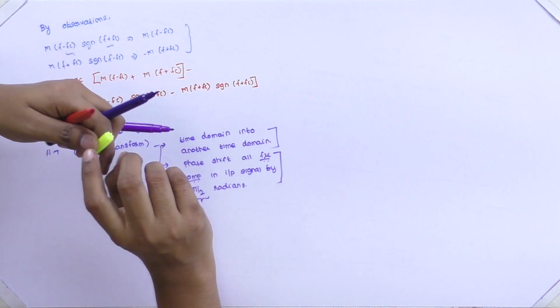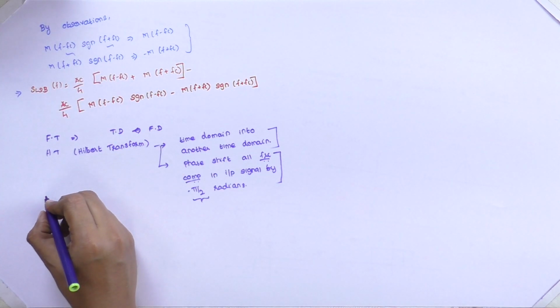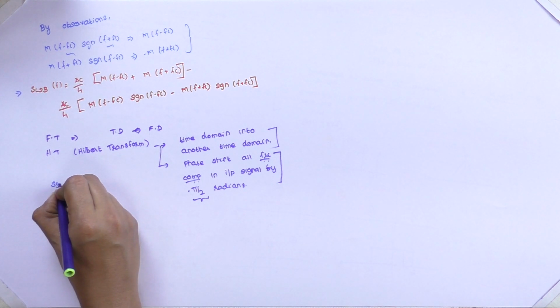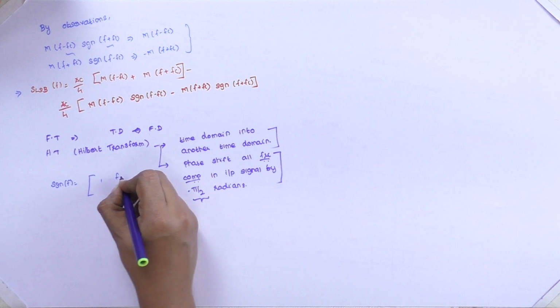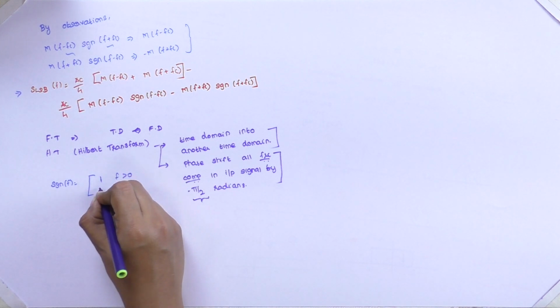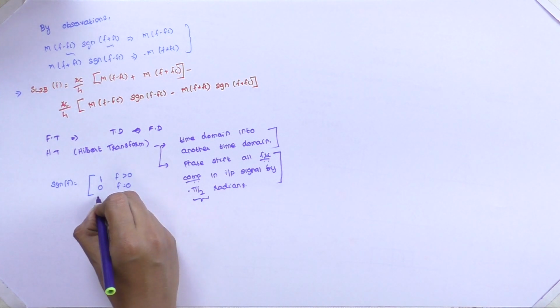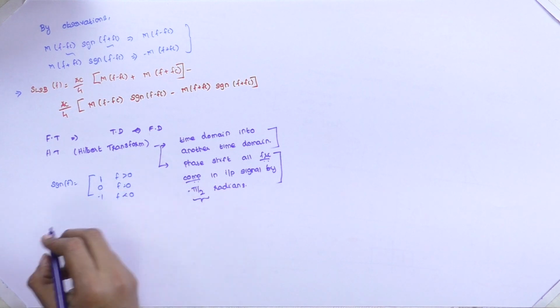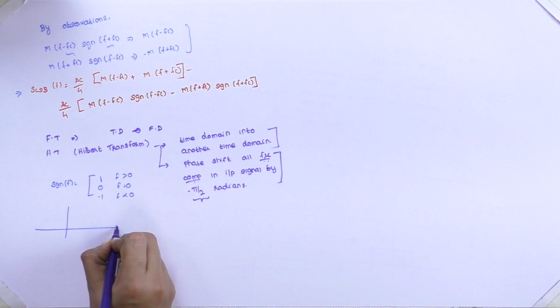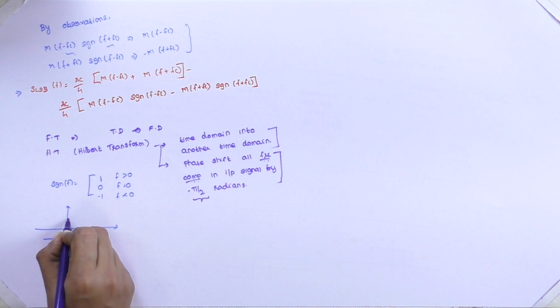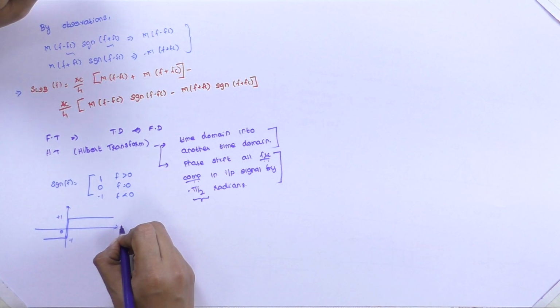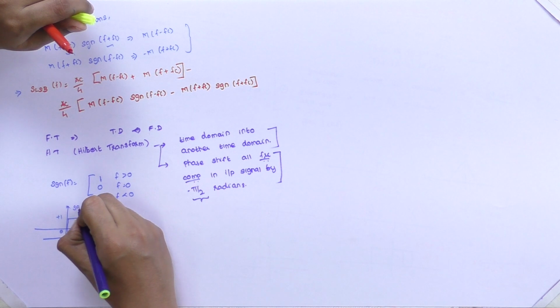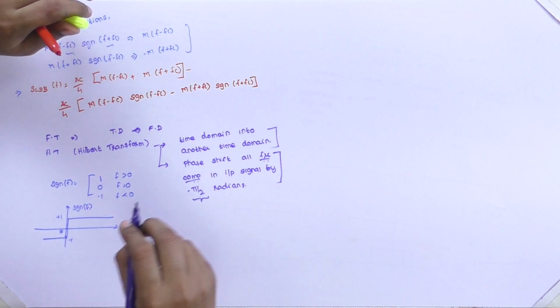For example, imagine we have a signum function. We know the signum function is given by 1 when f is greater than 0, 0 when f is equal to 0, minus 1 when f is less than 0. Therefore, the signum function is given by 0, this is minus 1, this is plus 1, this is our signum function, signum of f.